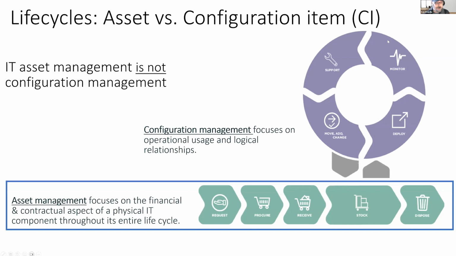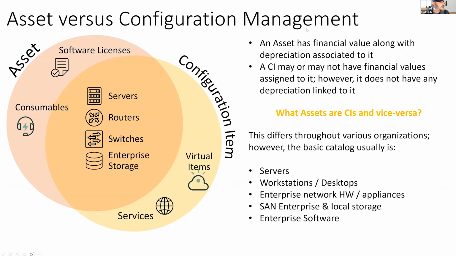So thank you, Scott. This next slide here, sort of a Venn diagram of how the two sides can interact. So an asset could be things like software licenses, consumables being things like mice, keyboards, things like that. Those are assets, but they're not CIs because we really don't care about tracking them that way. And like I said before, virtual items, Nutanix servers, ESX, cloud resources, things like that.